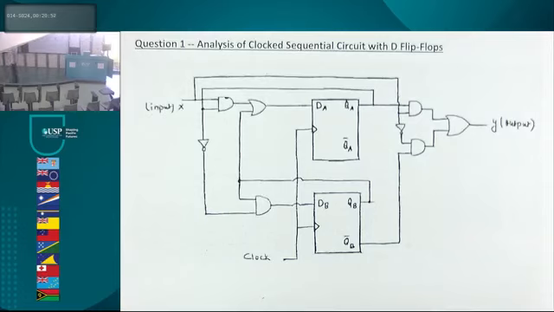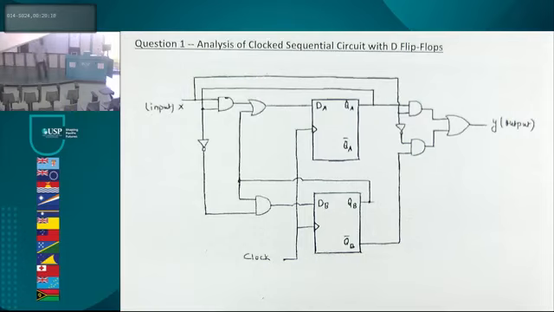There are 2 flip-flops, so therefore it's a 2-bit system. Each flip-flop can only store 1 bit at any point in time. If it's a 2-bit system, there are only 4 possible states: 00, 01, 10, 11. All that will come in useful in the state diagram later on.